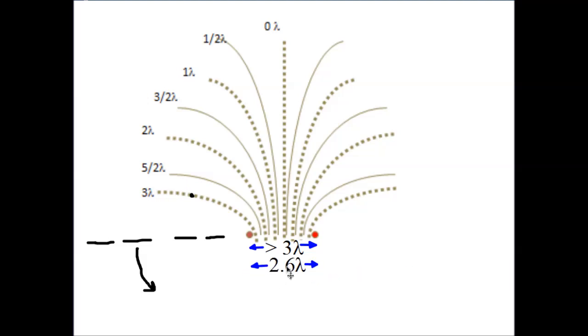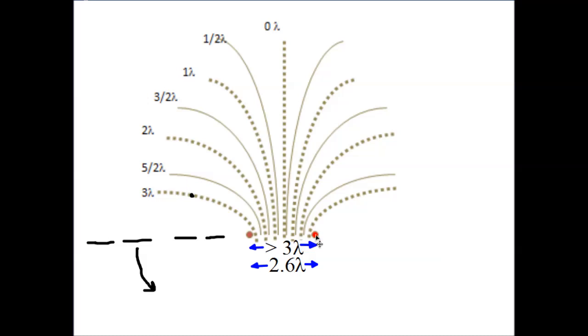Suppose the separation of these two was exactly 2.6 wavelengths. Could I get this antinode? The answer is no. Could I get this antinode? Yes, because that would require 2.5 wavelengths, and the maximum path difference we can get is 2.6.